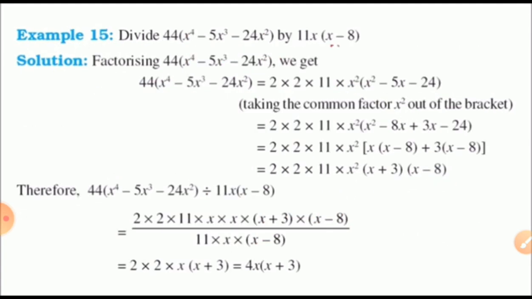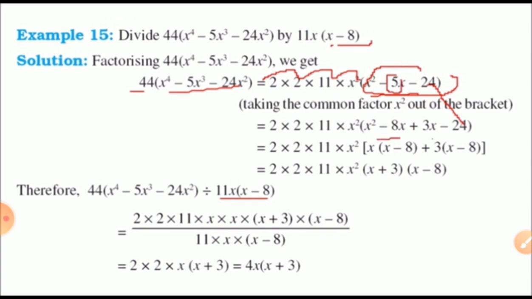Correct. Divide 44x raised to 4 minus 5x cube minus 24x square by 11x, x minus 8. Factorization: 44x raised to 4 minus 5x raised to cube minus 24x square. We get here 2 into 2 into 11 into x square minus 5x minus 24.